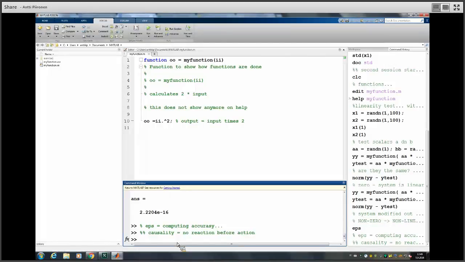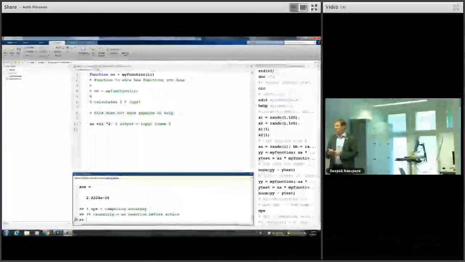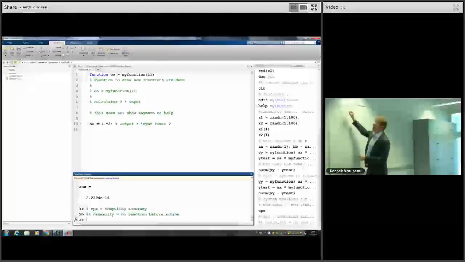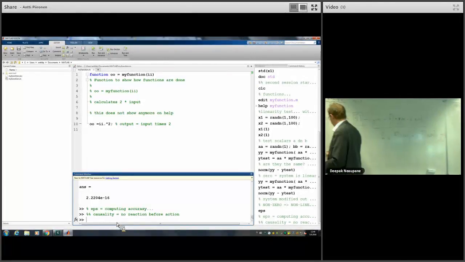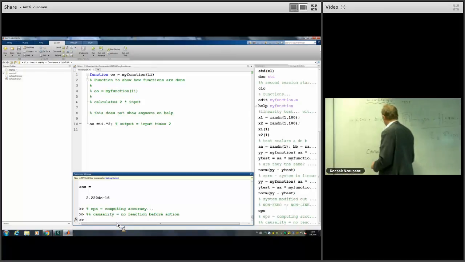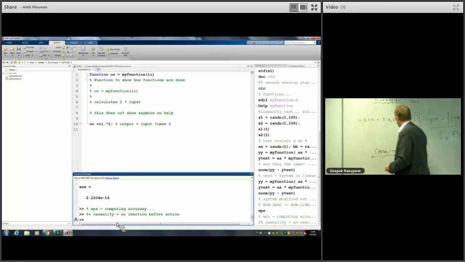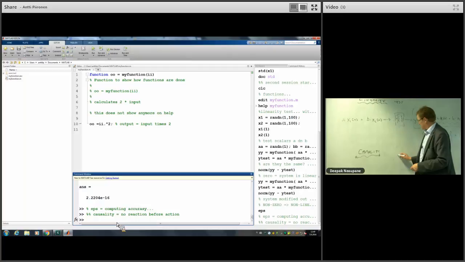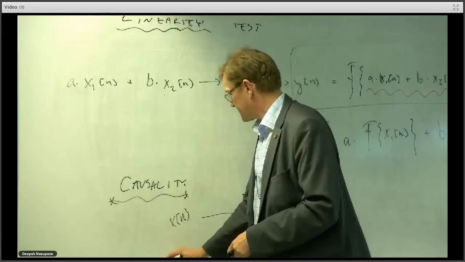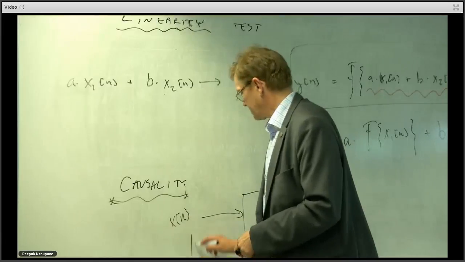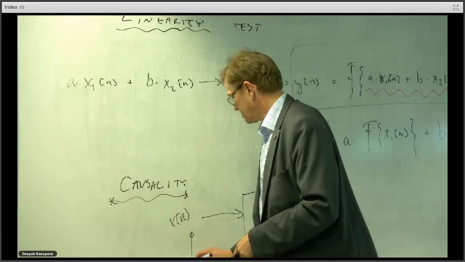This exercise or test you would do basically by generating a causality system, generating an input vector, a test vector which starts from 0.